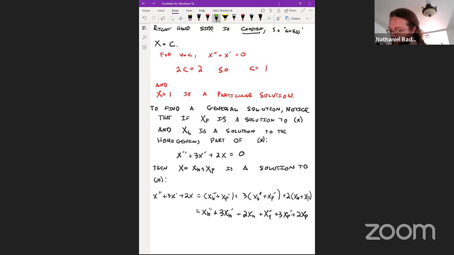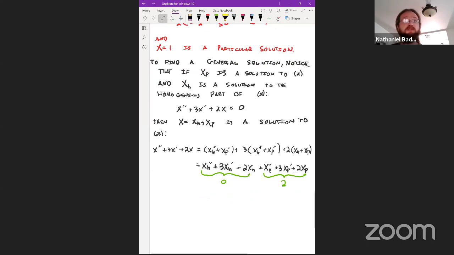But we know what this is, right? This is 0 since xh is the solution to the homogeneous equation. And this is 2, since the particular solution is the solution to the inhomogeneous equation.